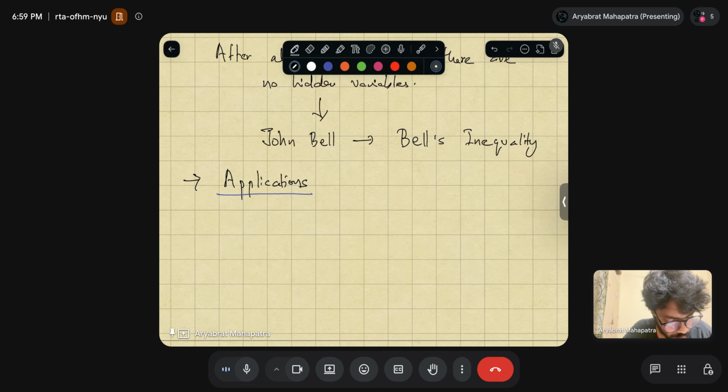First we can see dense coding. These are applications of quantum information, or precisely we'll try to see how the idea of quantum entanglement can be extended to various advantages in information technology, or in information science.